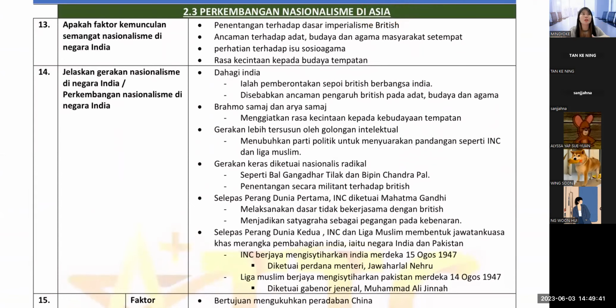Remember, you go through all the soalan. You go to faktor. Faktor nasionalisme di India. Because of the penentangan dasar imperialisme British, because of ancaman terhadap adat budaya dan agama masyarakat tempatan, because they focus on issues social agama, their love towards their local culture, you know, all this.